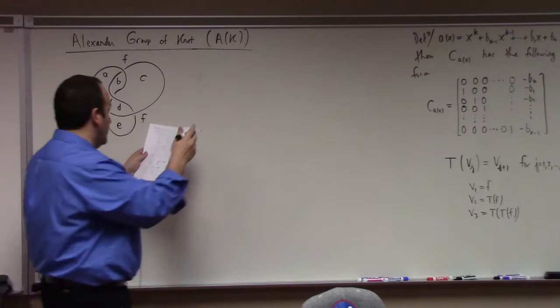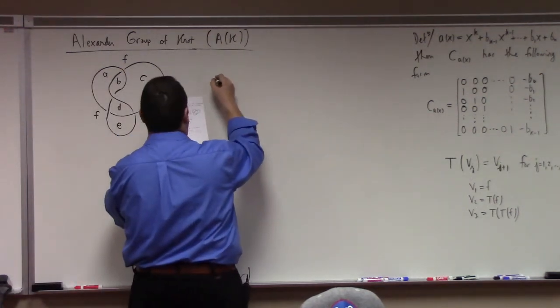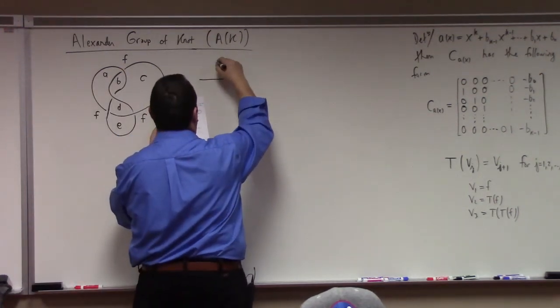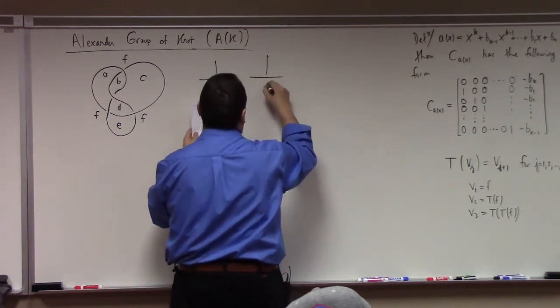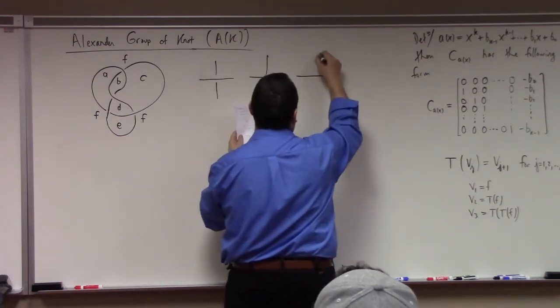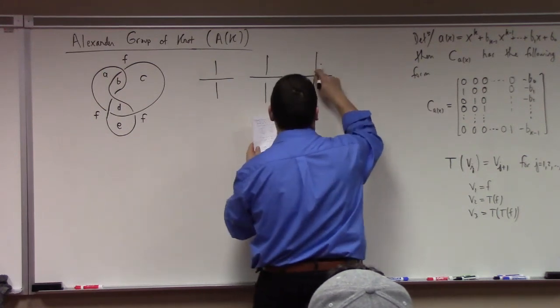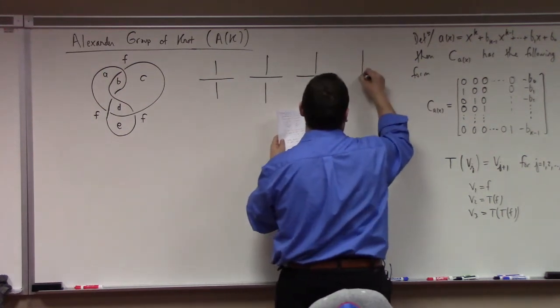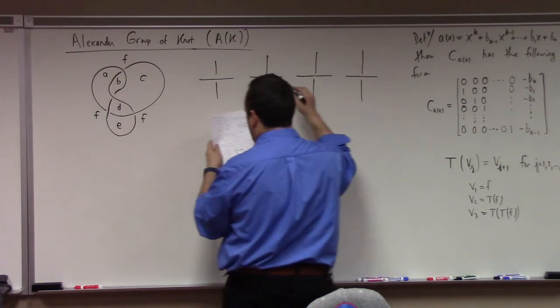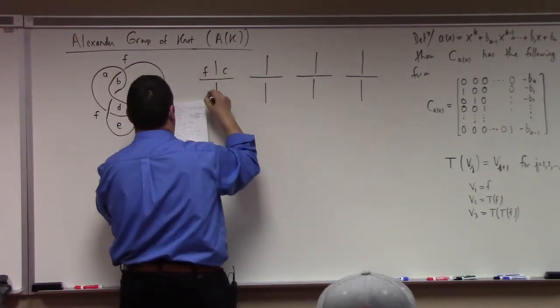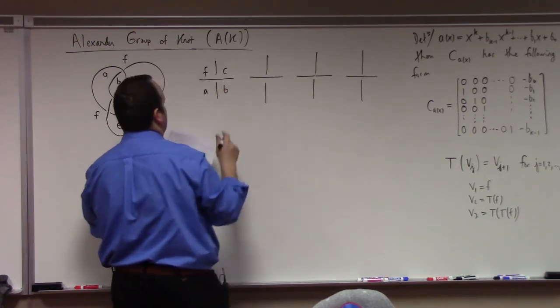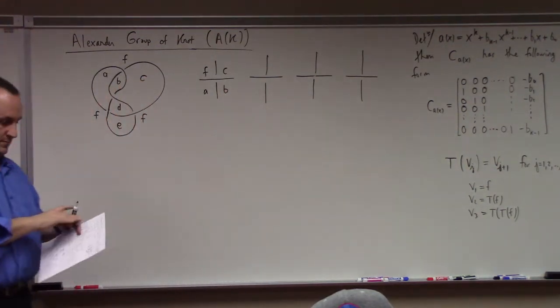And the rule for writing down the equations, I'm going to draw up here how it goes. So I've got this one, got this one, this one, this one, and so I have F, C, A, B. So do you guys see where that's coming from?